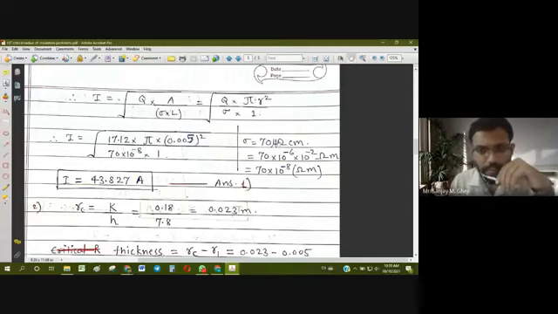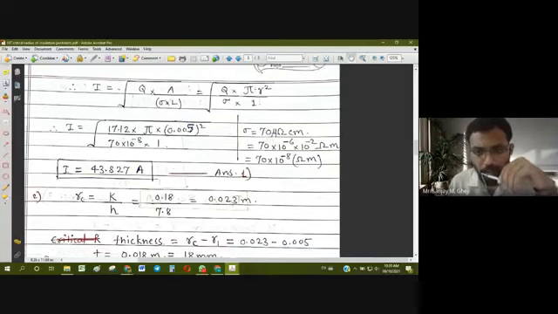We have to get it in SI units. The SI unit will be ohm into meter. Micro means 10 raised to minus 6, so multiply by 10 raised to minus 6.